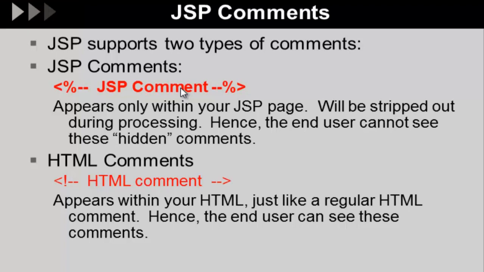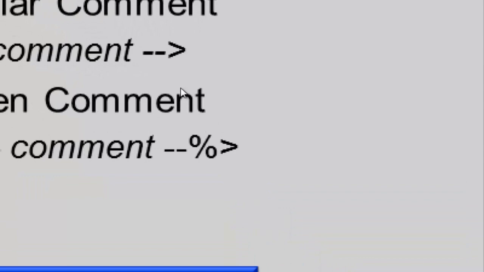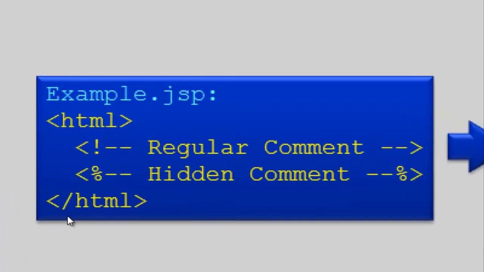And you know very well, Java does not care about your comments. Whatever comments you add, during the translation those comments are just pulled out. So those comments are not taken into the source code. If they are not taken into the source code, that means they will not go to the client side. If you look at an example over here, we have a comment that is written in regular HTML and a comment that is written in Java.